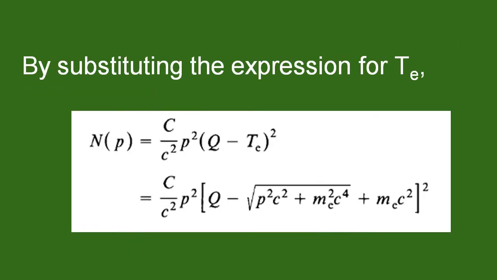By writing the expression, you can write n of p as c by c square, p square (Q minus Te) the whole square. And already we have an expression for Te. Substituting that, this will be the expression.